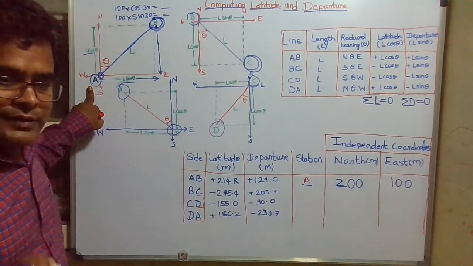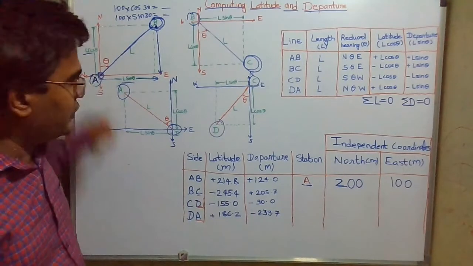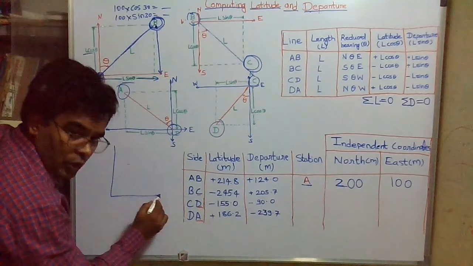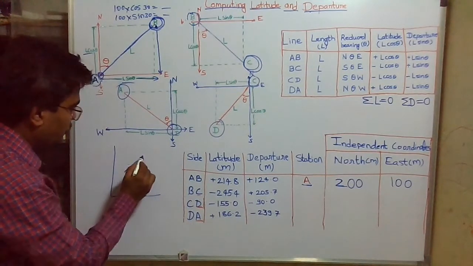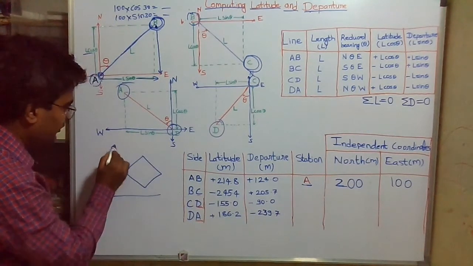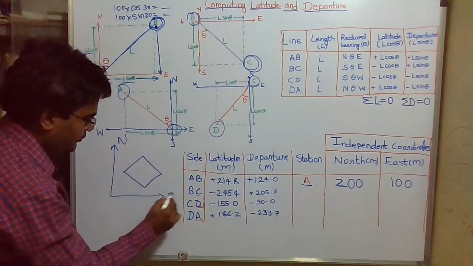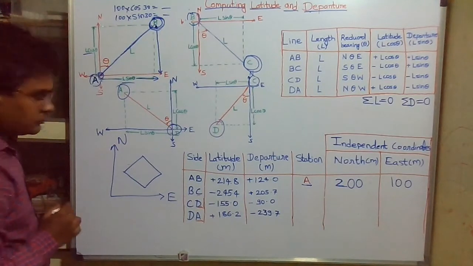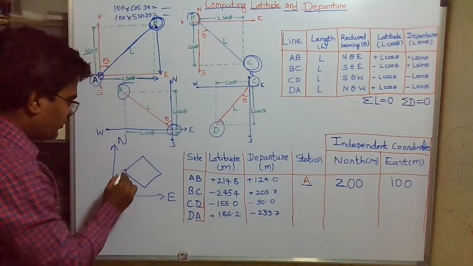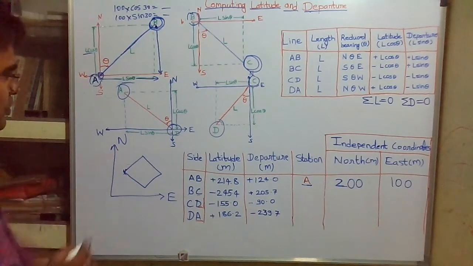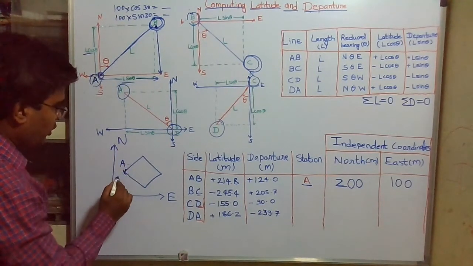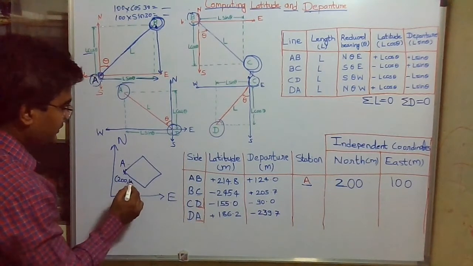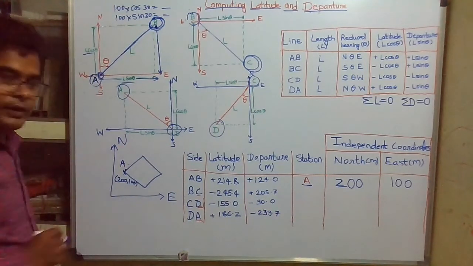It's up to you, but the only condition is that all these values should come positive, so that our complete traverse figure that we plot later comes in the northeast quadrant. So here we have considered the value of A as 200 north and 100 east.